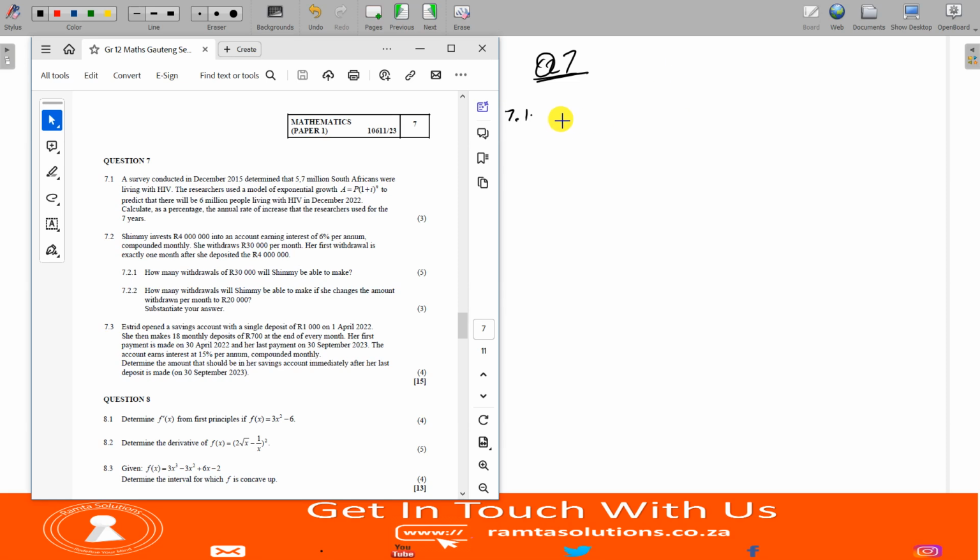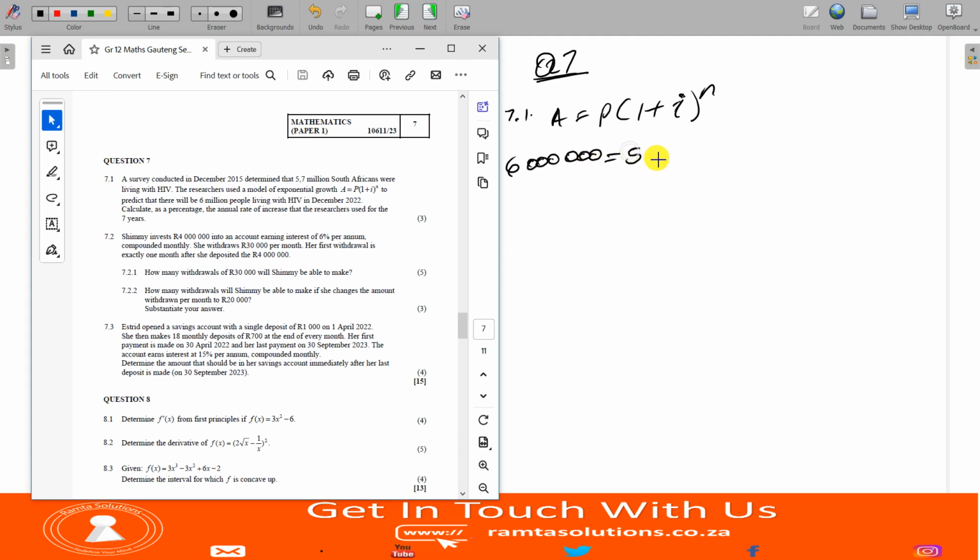So we are told that this is A equals P into (1 plus i) to the n. A, which is the accumulated, the final value, is in December 2022: 6 million will be living with HIV. Now, 5.7 million currently, at the start of this survey, were living with HIV.